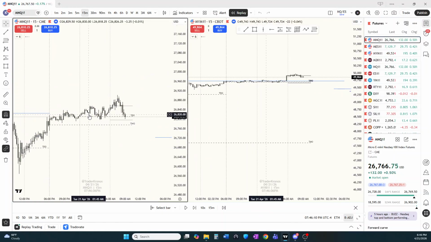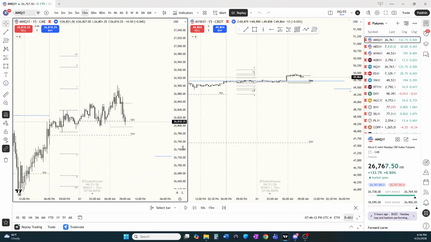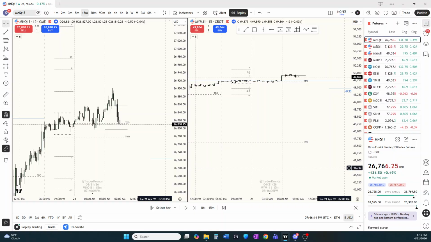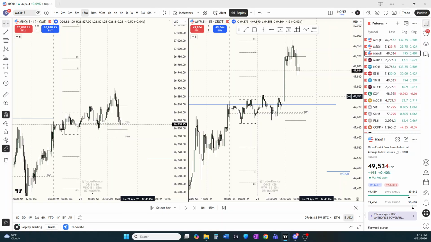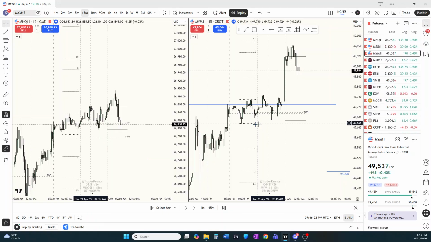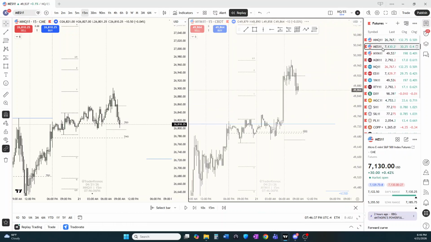So if I were just to look at this right here, we have no sequential SMT at Asia low. We've just traded away from there. All three assets have traded above London's high. Set in quarter two. Here's quarter two. We've traded above. If we look at ES, same thing.